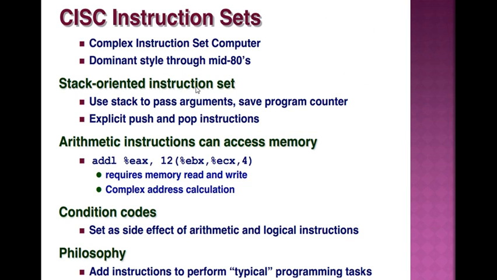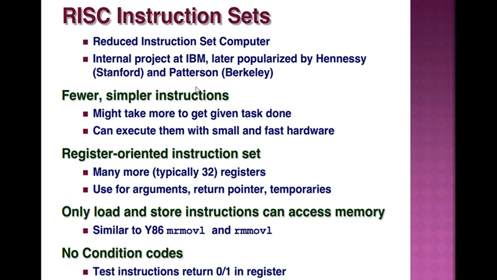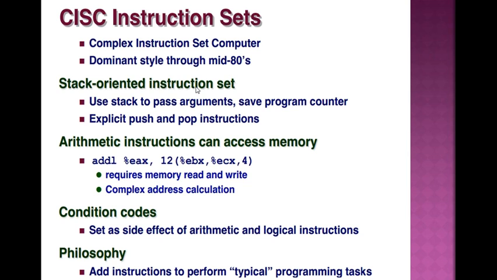Then we also talked about two instruction sets, that is CISC and RISC. CISC means Complex Instruction Set Computer, and RISC means Reduced Instruction Set Computer. These are the two instruction sets related to Y86.